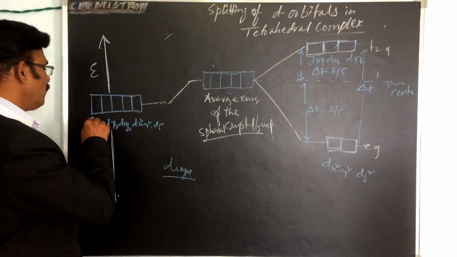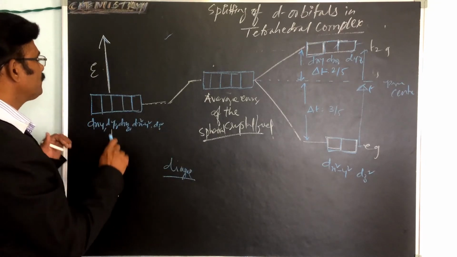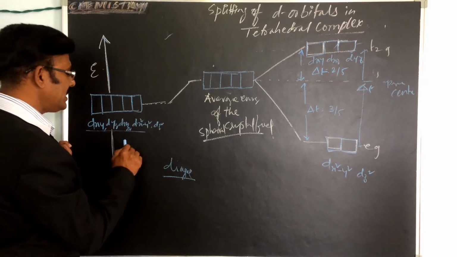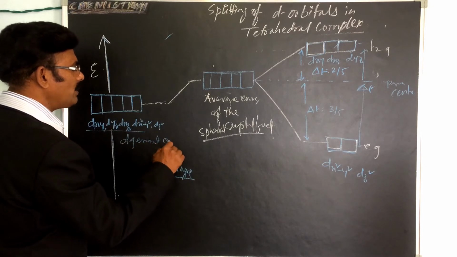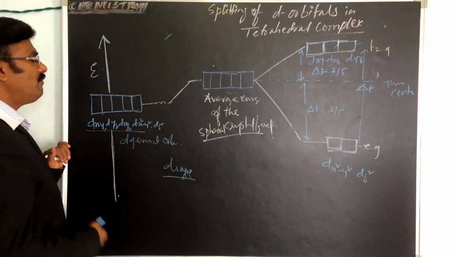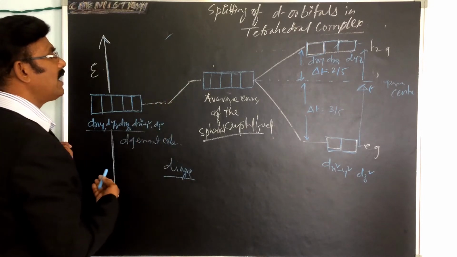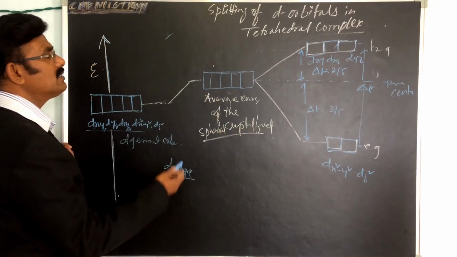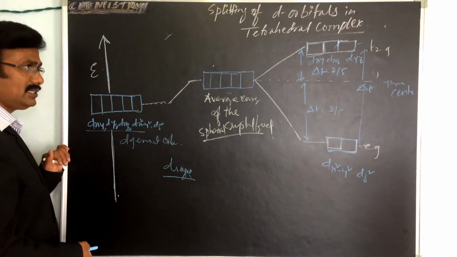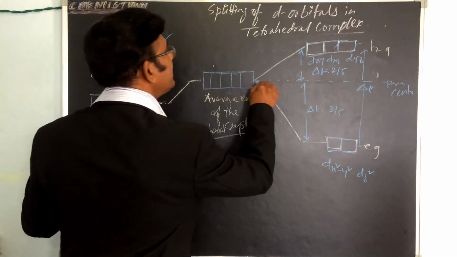In the diagram, what are the orbitals? Degenerate orbitals. First of all, when ligands approach the metal, they are raised up in the crystal field. That is the average energy of the spherical crystal field. Then splitting takes place.